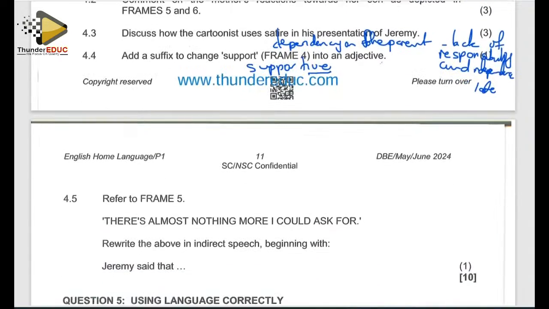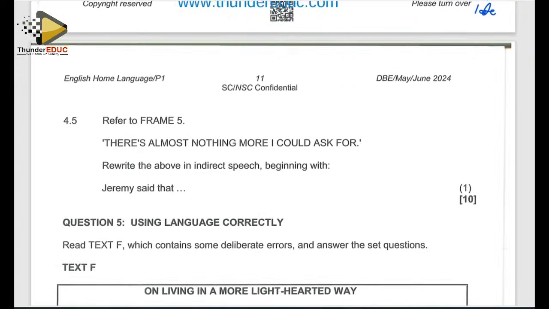We go to 4.5, refer to frame 5. There's almost nothing more I could ask for. Rewrite the above indirect speech beginning with Jeremy said that. We are reporting, so the tense changes to the past.